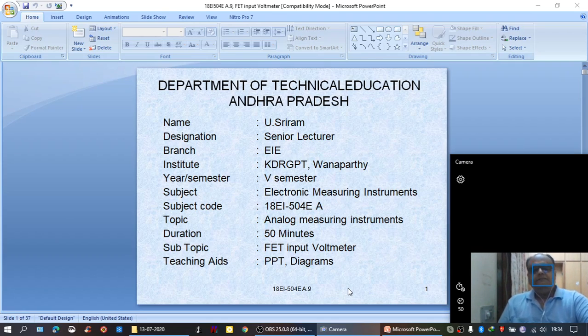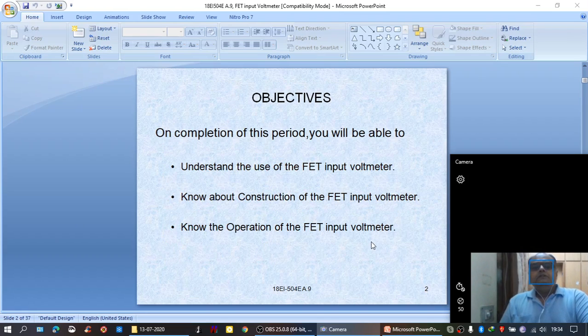In this class, I am going to explain about FET input voltmeter. I'll try to explain what is the use of FET input voltmeter.